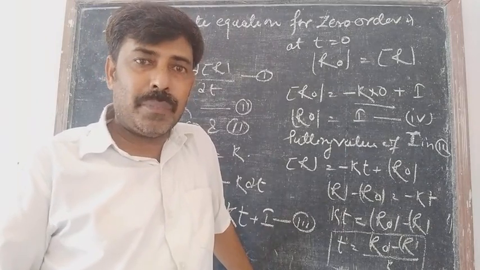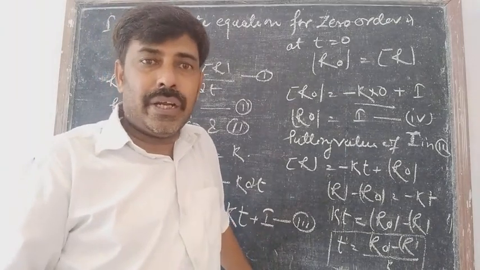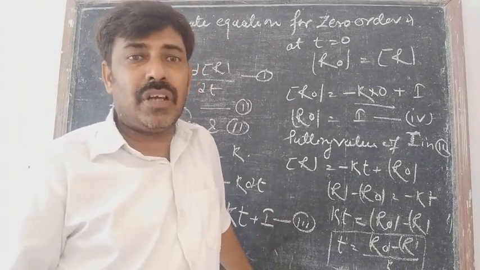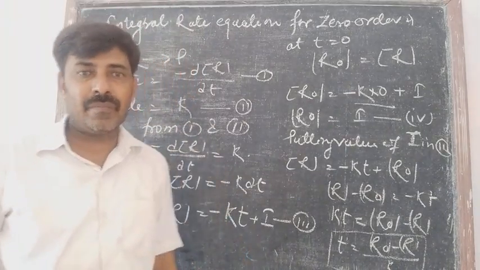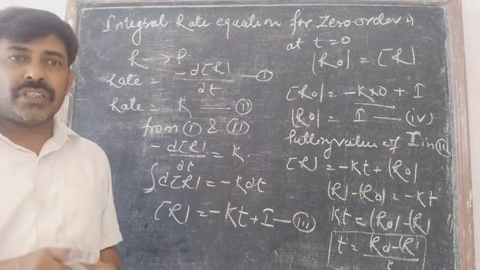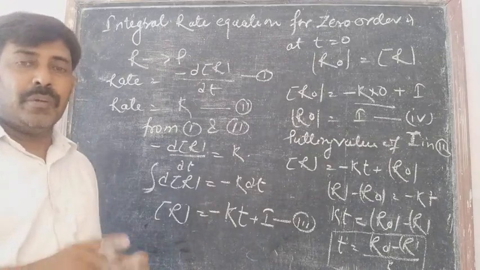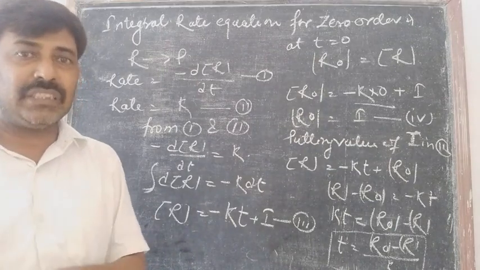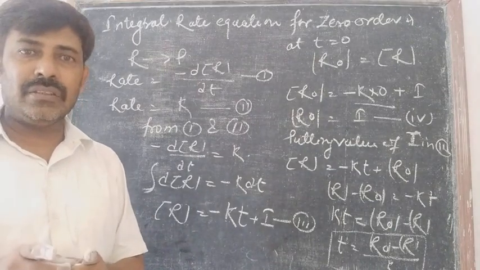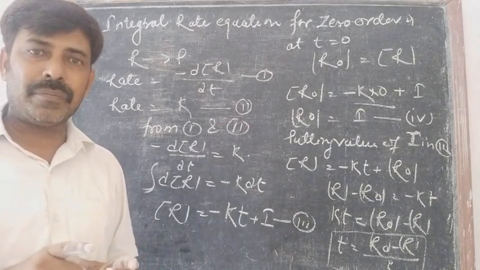What is the half life time period? The time period in which the concentration of the reactant becomes half of its initial value is called the half life time period.